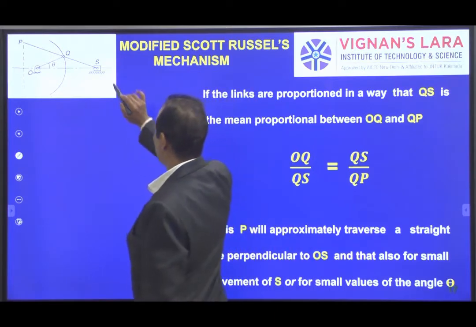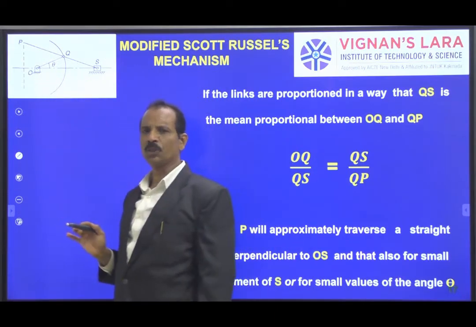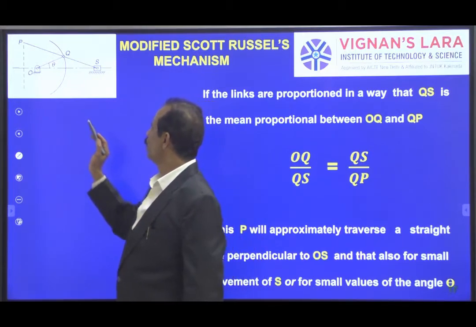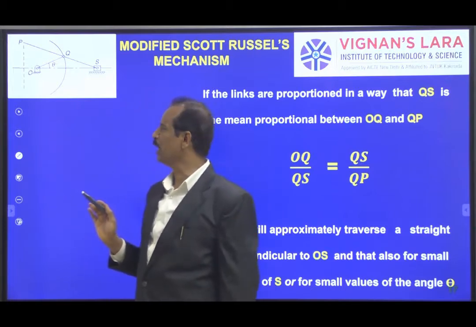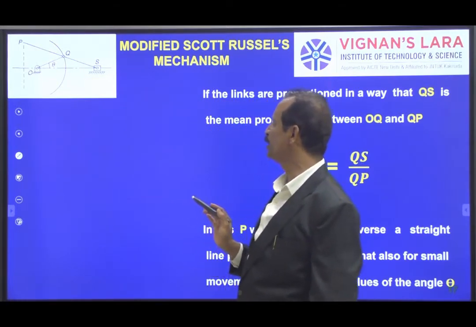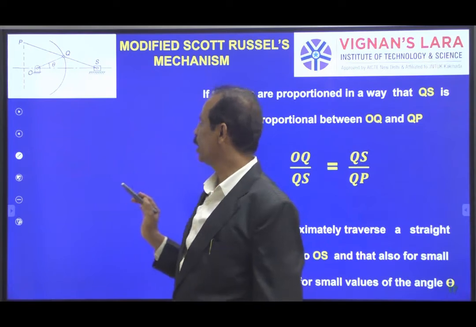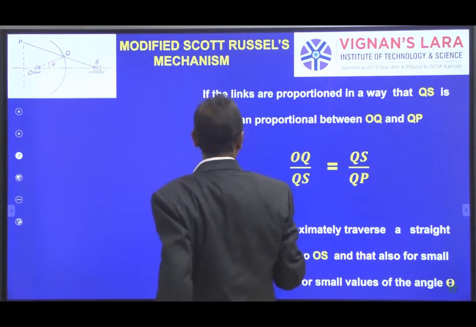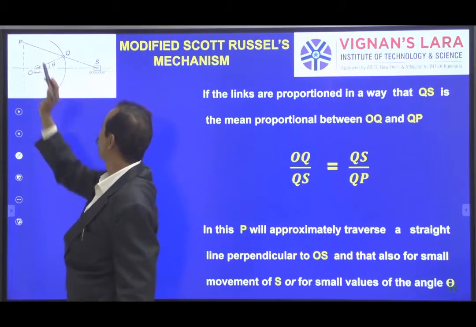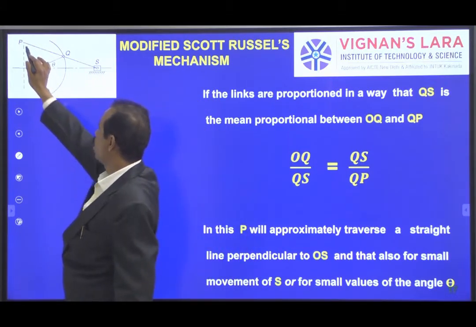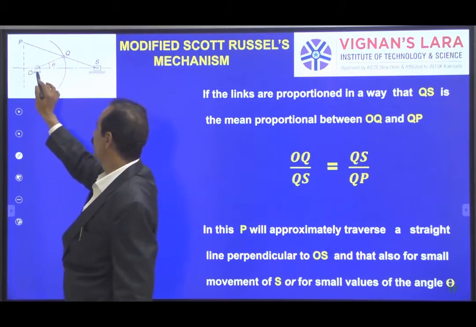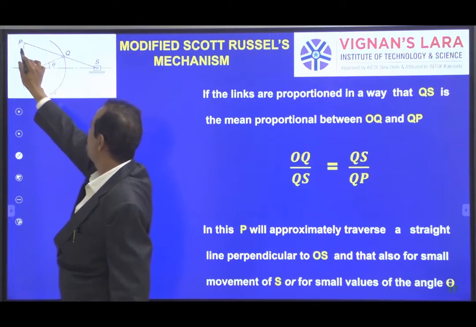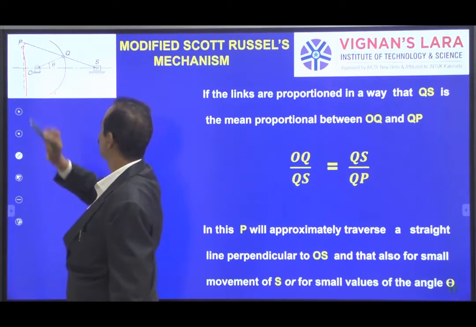You can observe the same mechanism with a small modification: earlier I showed QP equal to QS, but now in this case it is not so. You can see P is extended further so that the output is obtained other than at the pivot point O. You can see the output is obtained on this line.